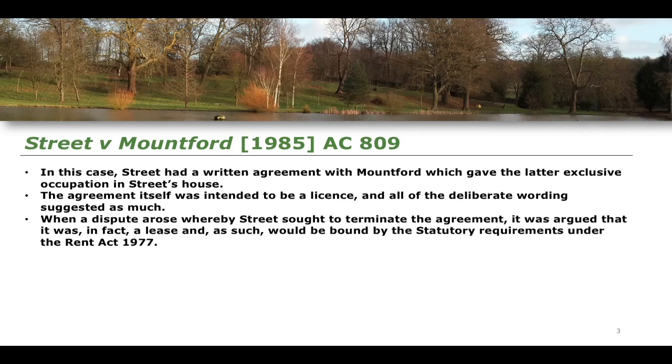When a dispute arose whereby Street sought to terminate the agreement, it was argued that in fact it wasn't a license, and in reality it was a lease, as a result of which, if it was found to have been a lease, then Mountford would have certain rights under the statutory requirements of the Rent Act from 1977.